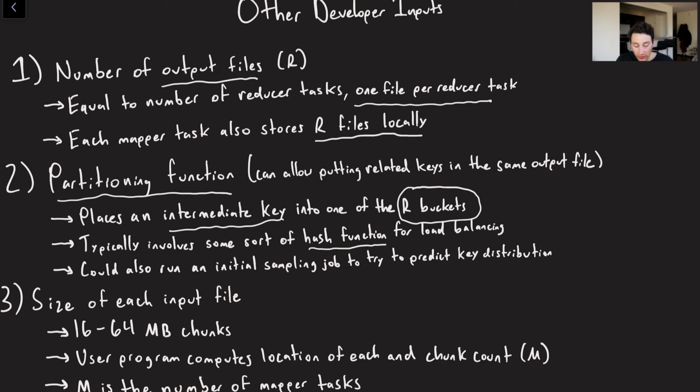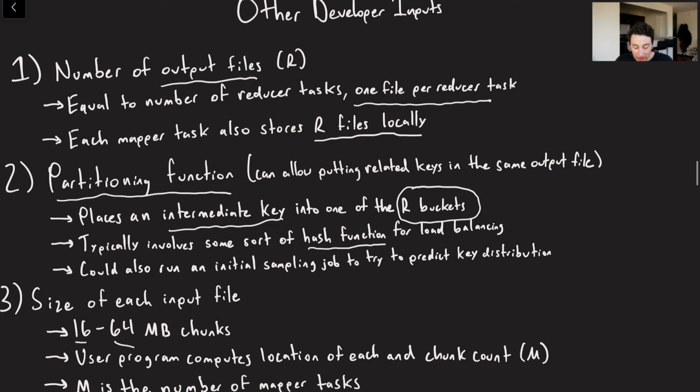Cool, and then the last piece of this is also going to be the size of each input file. You do have files in GFS, but MapReduce is going to split them into a bunch of chunks. Each one is typically going to be 16 through 64 megabytes. Once all of those chunks are determined, which is done by the client that calls the MapReduce API in the first place, we split the input into M pieces.